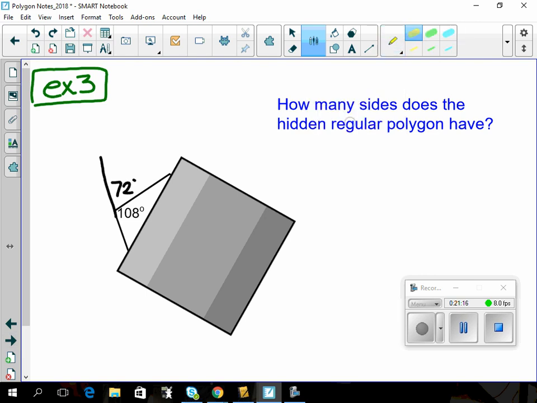Because do I have a formula that's easy to work with for exterior angles? 360 divided by the number of sides that I don't know. Do you agree? So what does that equal? In my picture, what's the exterior angle? And I'm just going to solve it.